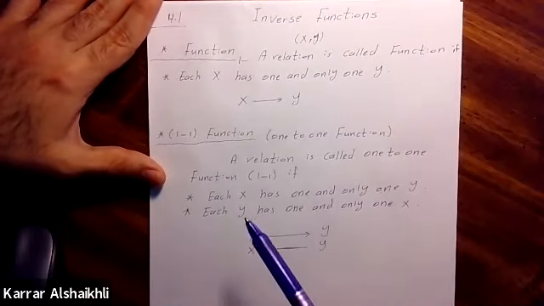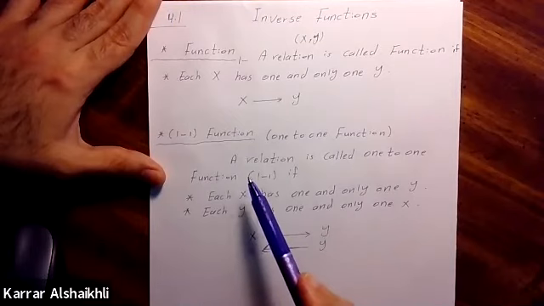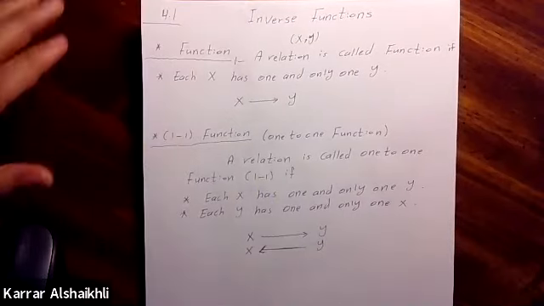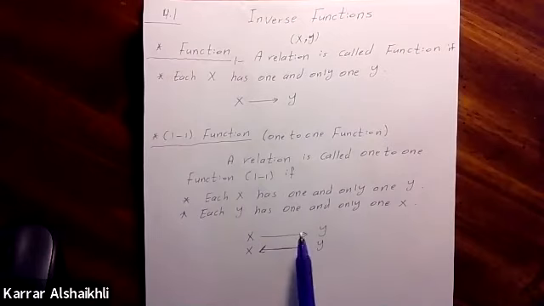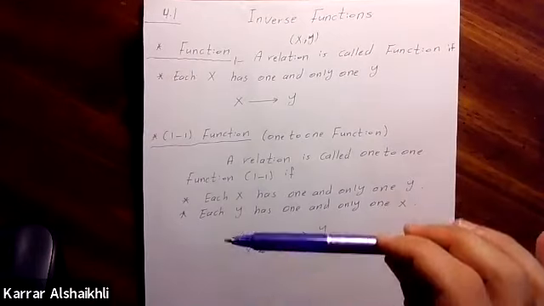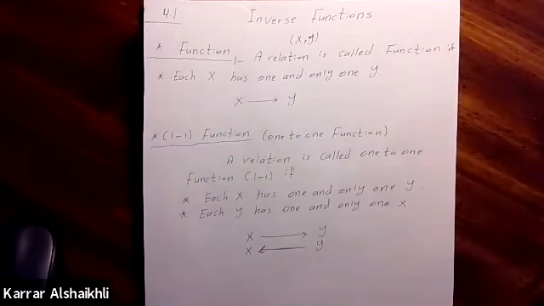In this case, we will call this function a one-to-one function, because the first condition, when each x goes to one y, is just a function, because it satisfies that each x goes to one y. It satisfies the condition of the function, so this is the function. Then we're going to do the second condition. We will check each y goes back to one x.